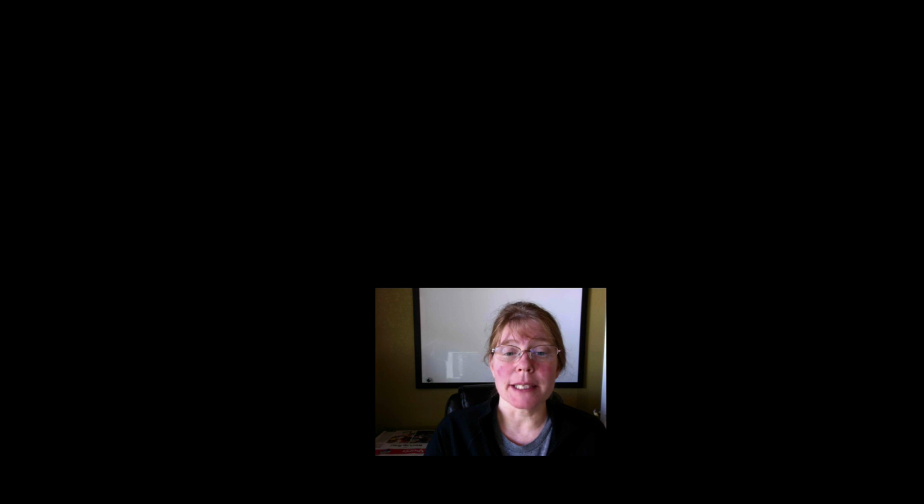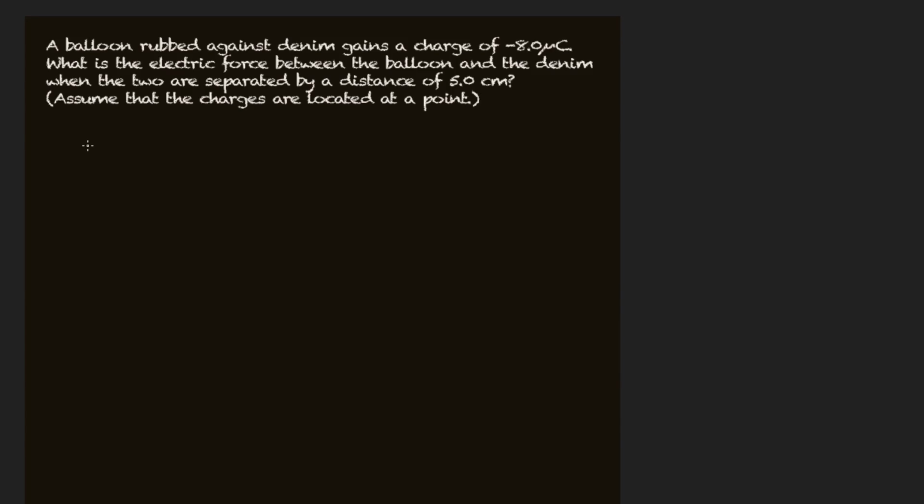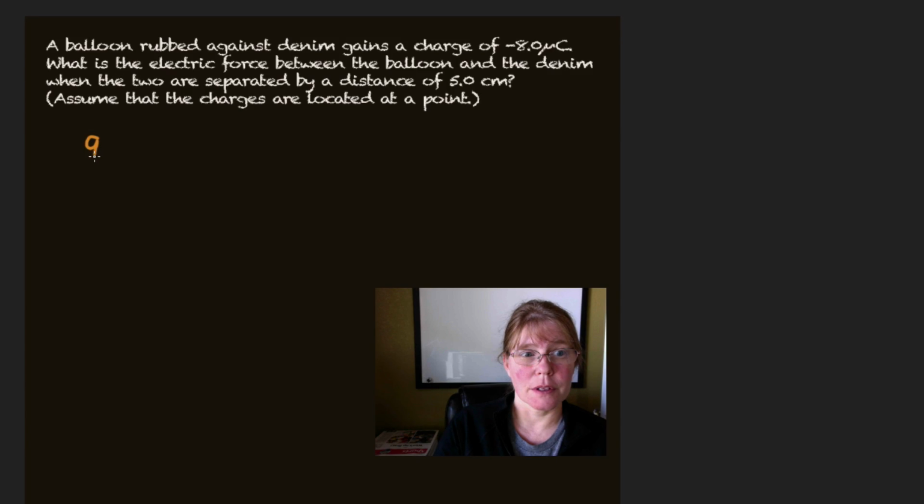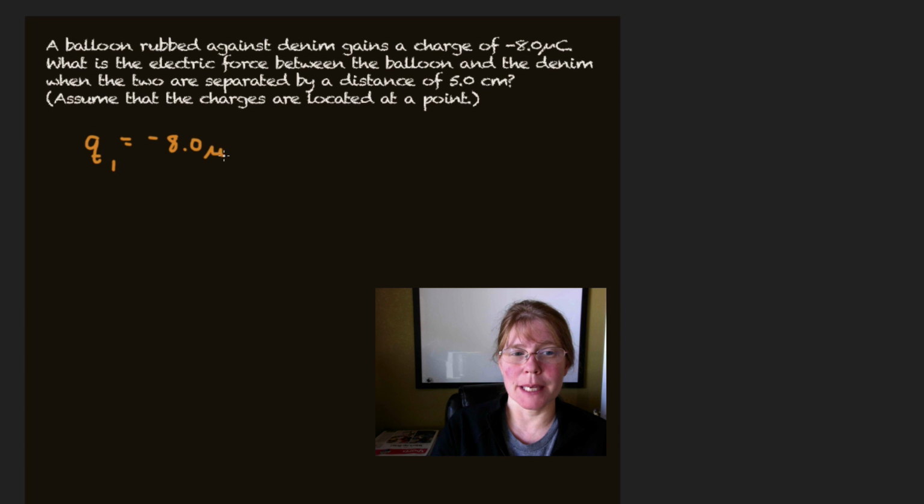So let's first write down what we know. First of all, we know that our first charge we're going to put down as Q1. That first charge is going to be -8 microcoulombs. Now let's remember what micro means.